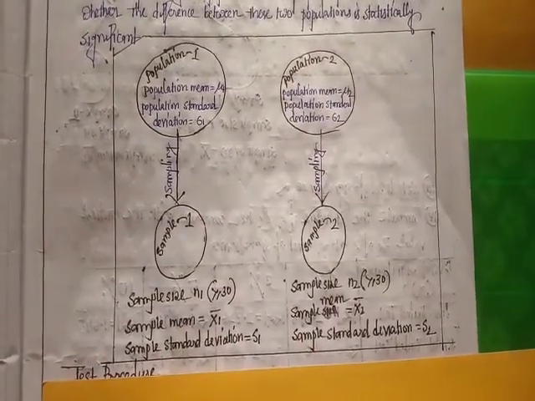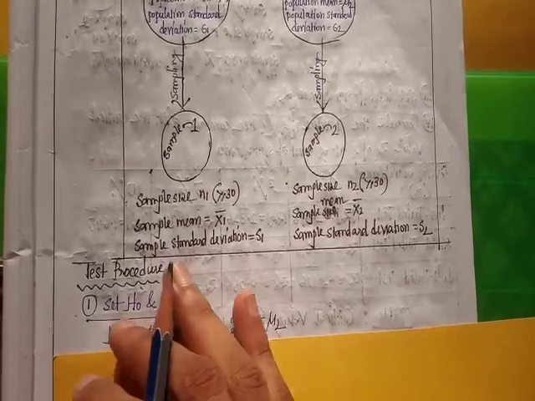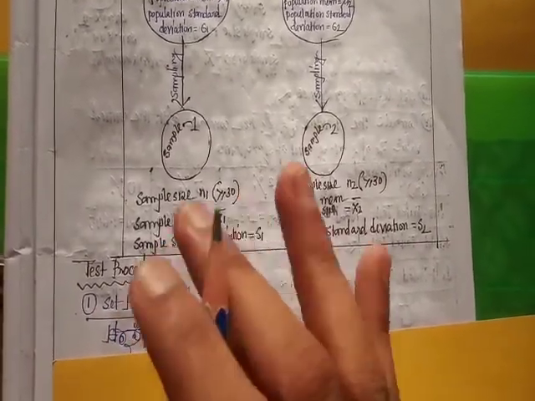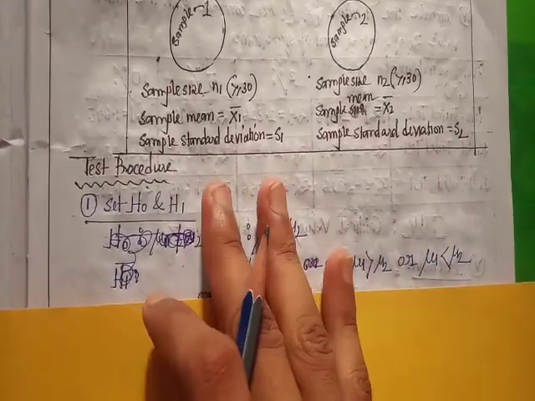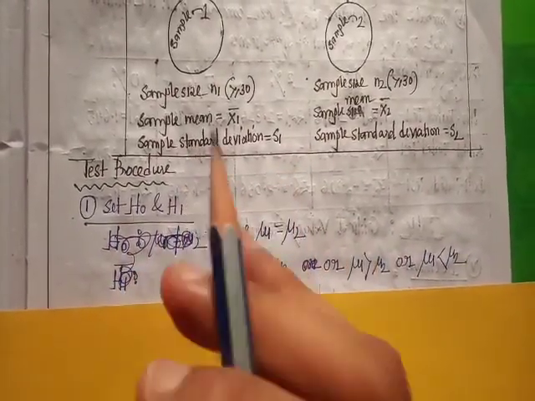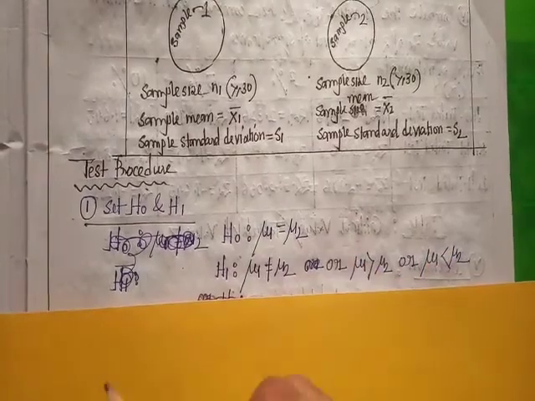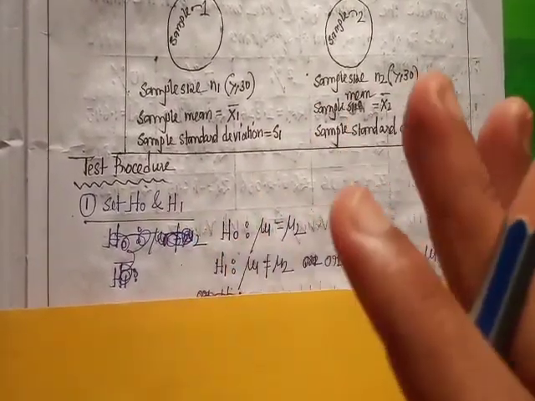Next, test procedure. First we will set the null hypothesis and alternative hypothesis. In this article we will discuss the mean.